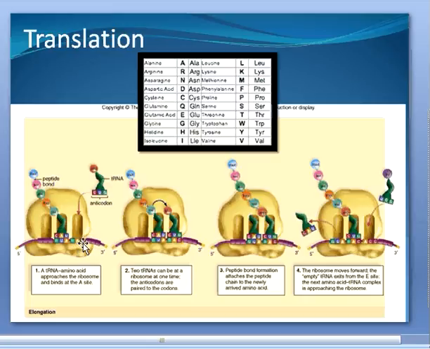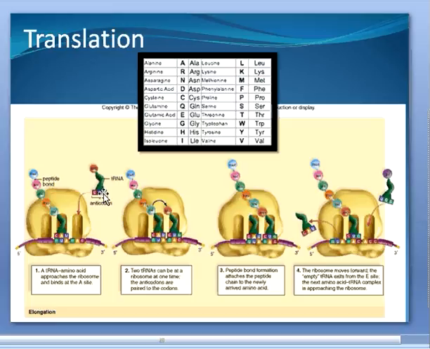It's reading the code here, and we call that a codon, and this code up here on the transfer RNA, we call an anticodon. So we know what the codon, or the appropriate three bases, are here, and only the right bases can come in and attach onto these.